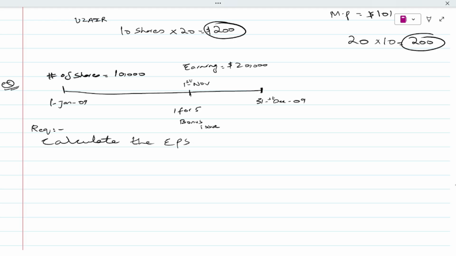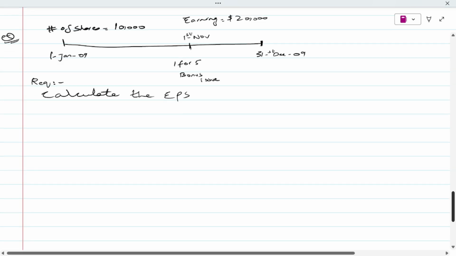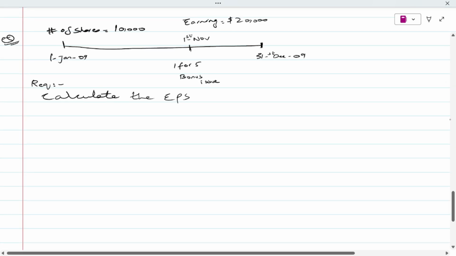So now how are we going to calculate the EPS when there is a bonus issue? Like I said, first thing, you are going to adjust the bonus issue from the starting of the year, right? So that's the point that I made you guys write down, that it's not like the full market price issue where you bifurcate the months, that okay, this month is going to be 10,000, the remaining months is going to be whatever the issue is, and then that's it.